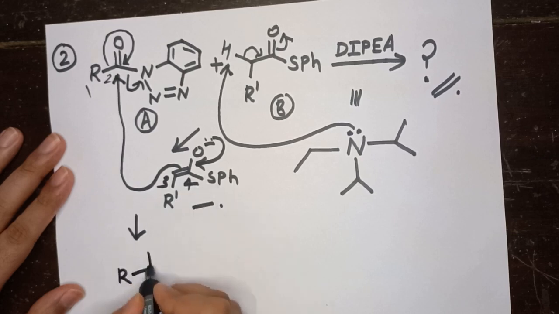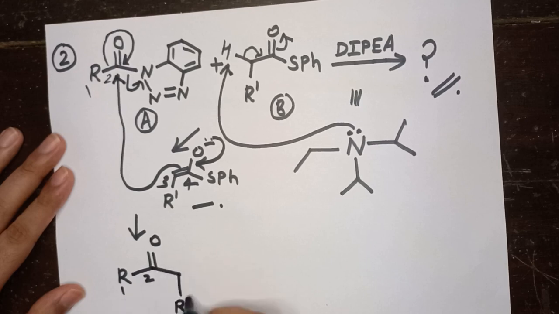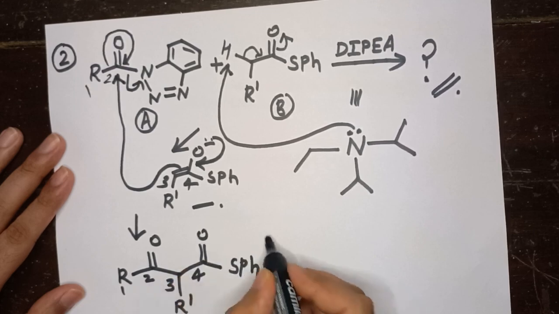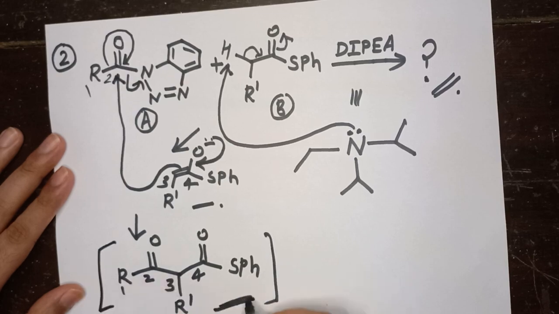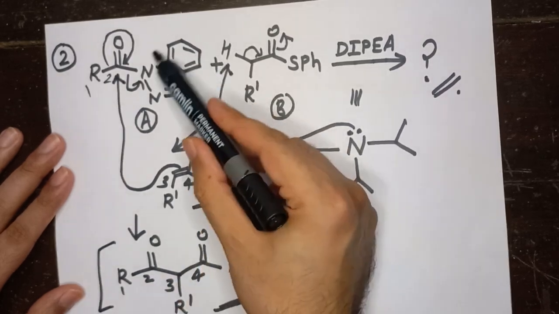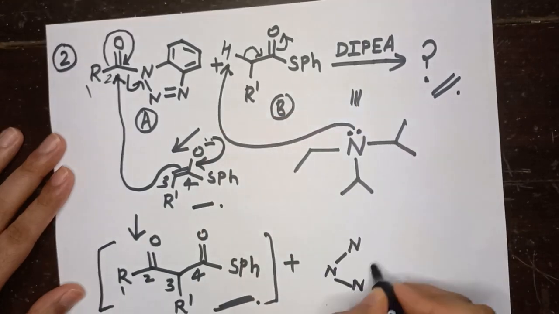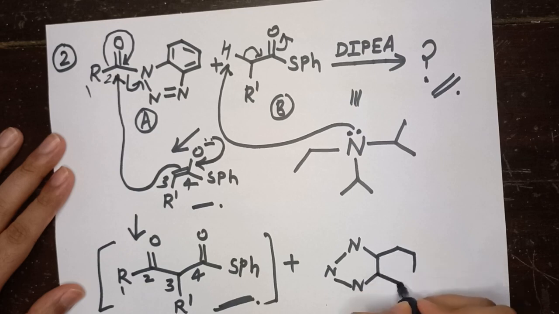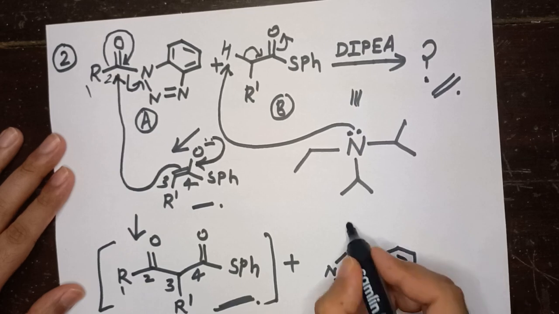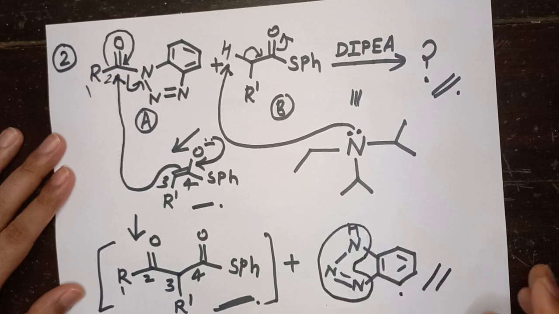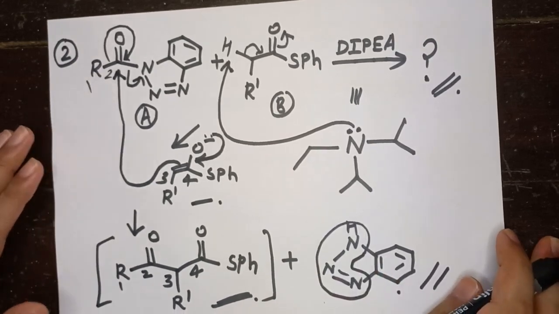So this is 1, 2, 2 is now attached to 3 having R1, and 3 has gone to 4 which has this carbonyl connected to SPh. So this is the main product of this reaction, and the byproduct, this whole group that has left, is nothing but this molecule. This is a triazole moiety. So this is the second problem.